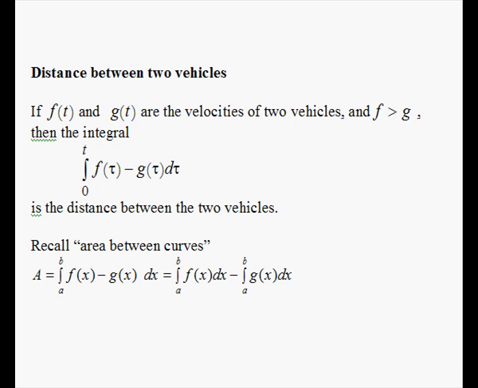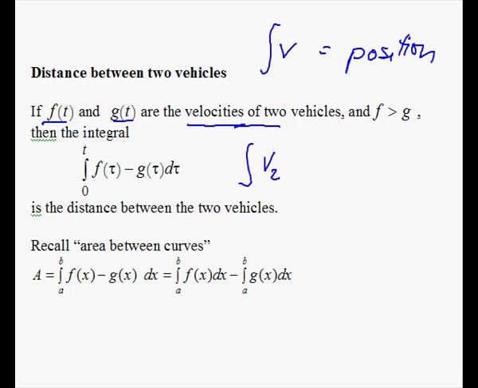So what we have here is some function f that's the velocity of one vehicle, and g is the velocity of another vehicle. Recall, if I integrate velocity, I get position. So what I'm doing here is integrating velocity 2 minus velocity 1, or 1 versus 2, and what I'm going to get is relative position.